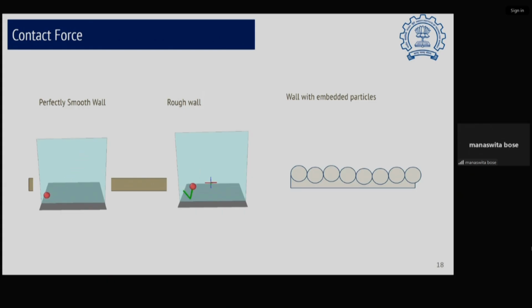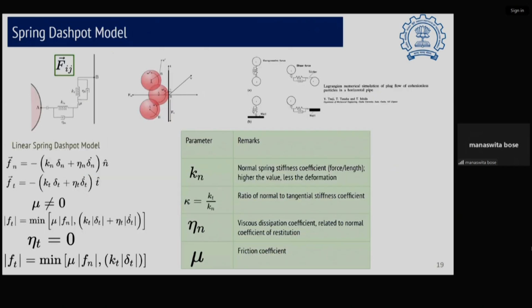What we mean by a perfectly specular collision is that the incident angle is the same as the reflected angle, and the rough collision is more like a diffuse reflection, a diffuse collision. And you can have a rough wall by embedded particles, which will give you a diffuse collision.